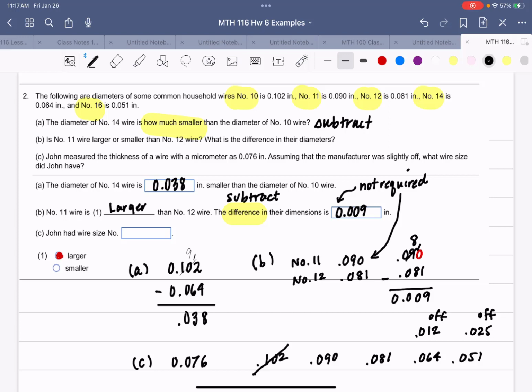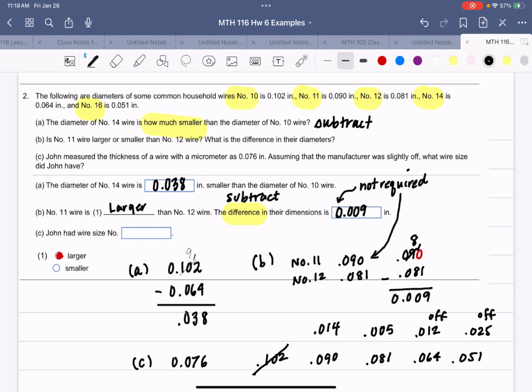Okay. 0.076 minus 0.081. That one is only 0.005 off. That means this one's going to be off by more. And 0.076 minus 0.090 is off by 0.014.